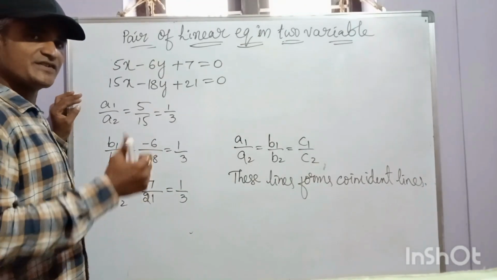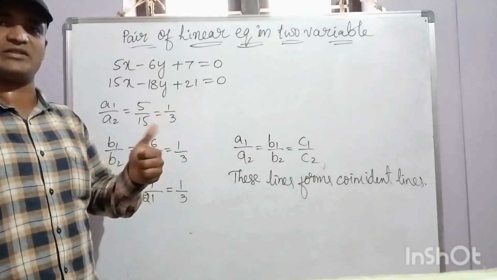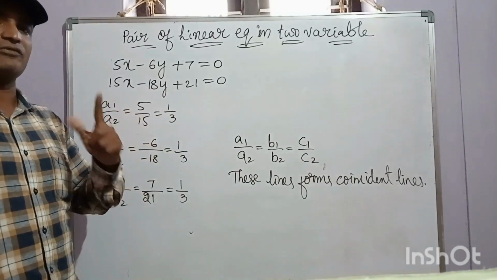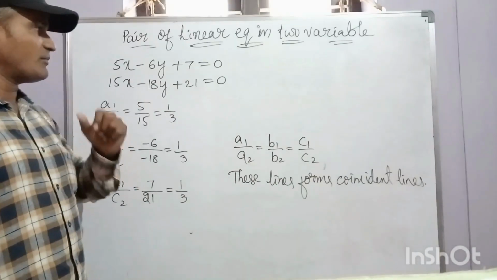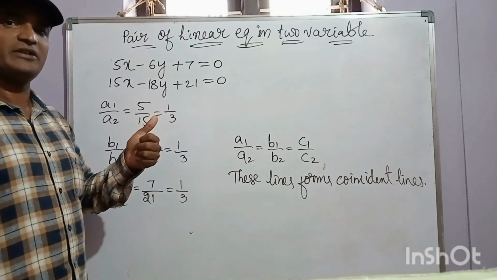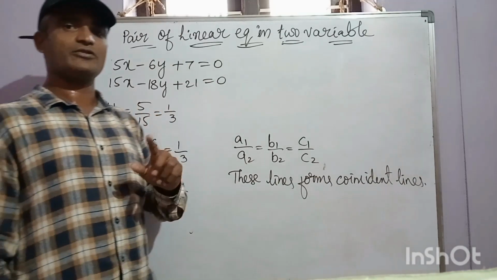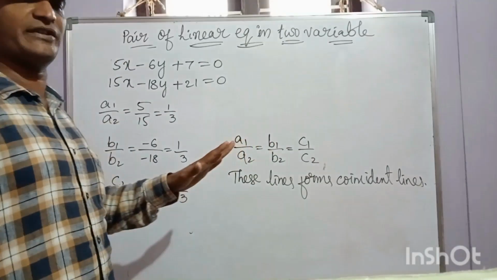The first condition is intersecting lines: a1 by a2 is not equal to b1 by b2. In that case they have only one common solution. For parallel lines, a1 by a2 is equal to b1 by b2 but not equal to c1 by c2. In that case they don't have any common solution.